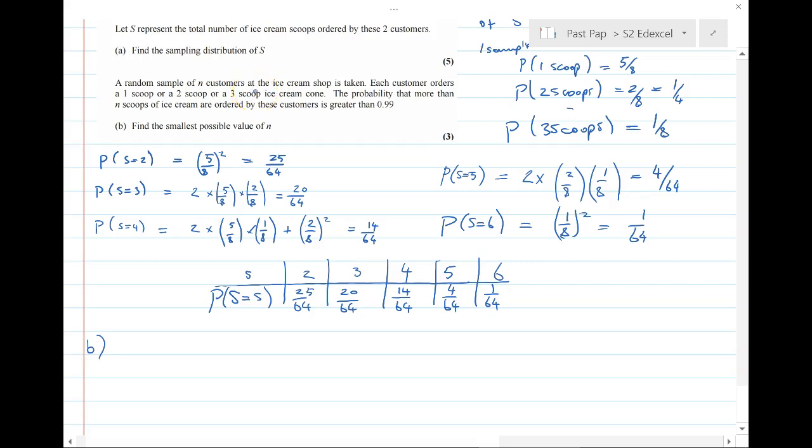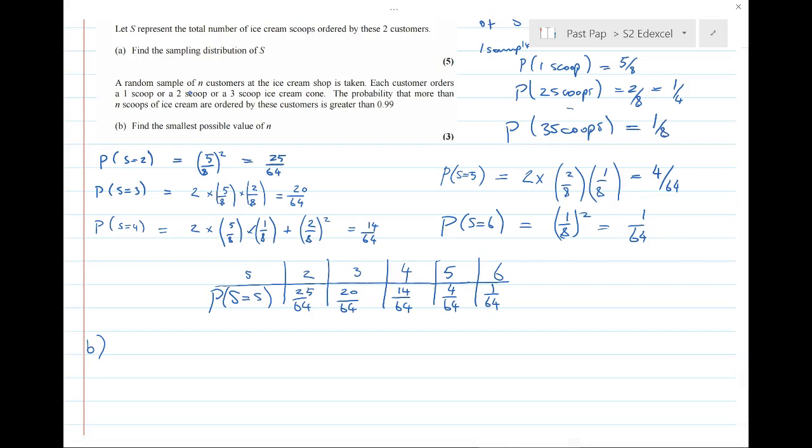So if all of them order a 1 scoop, then there will be n scoops in total. It only takes one of them to push it over n. So for example, if n were 100 and 99 of them went for 1 scoop and 1 of them went for 2 scoops, then that's already greater than n.